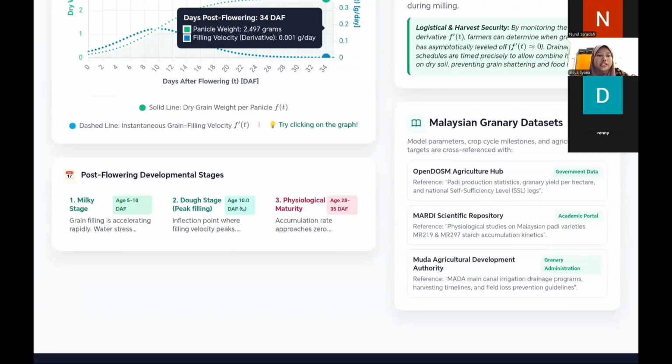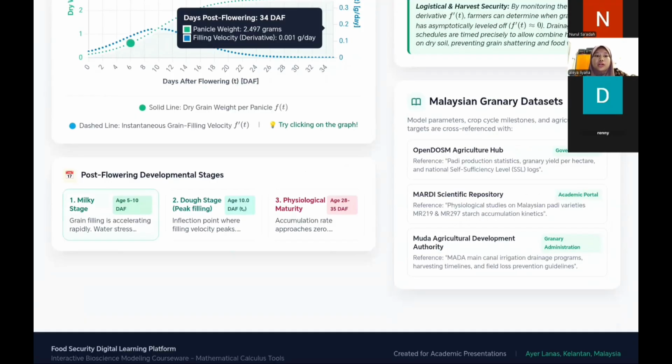If you can see here, around day 5 to 10, the derivative is accelerating sharply. So, the second is the dough stage.